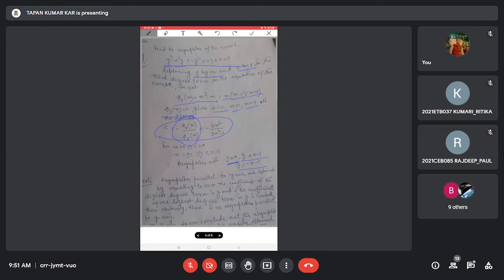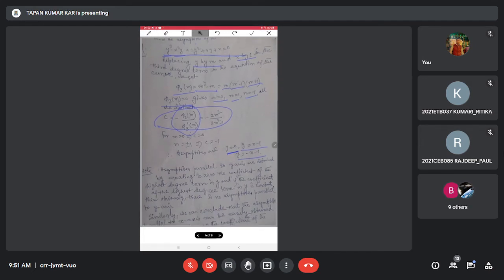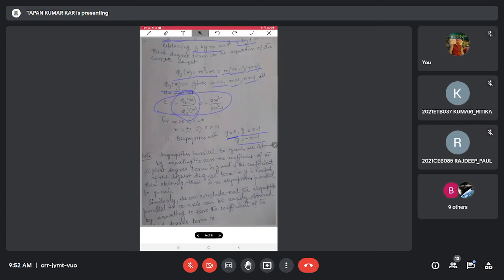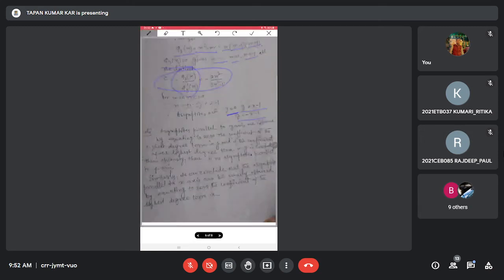And also I told you that what is written here, I have already discussed earlier. Still, to remind you, I have written it again. Asymptotes parallel to the y-axis are obtained by equating to 0 the coefficient of the highest degree term in y, and if the coefficient of the highest degree term in y is constant, then obviously there is no asymptote parallel to the y-axis.